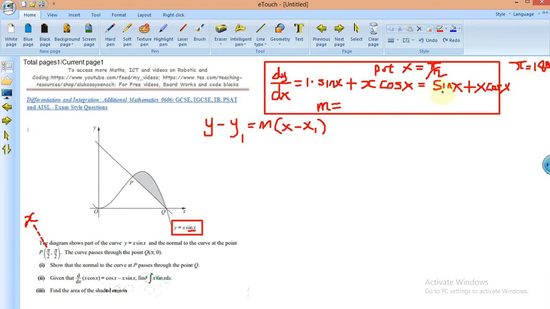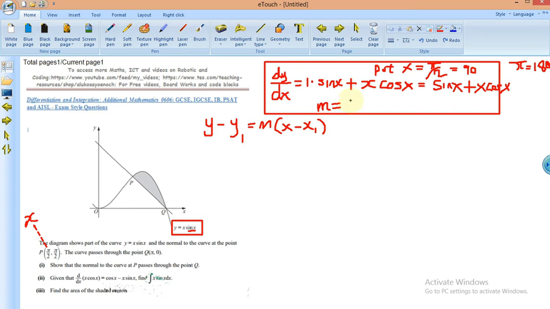So what I'm going to do now is sine 180 over 2. 180 over 2 is the same thing as 90. So this is the simplified form: sine 90 plus 90 cos 90, because I don't want to change my calculator to radian. So sine 90 plus 90 cos 90 gives 1.